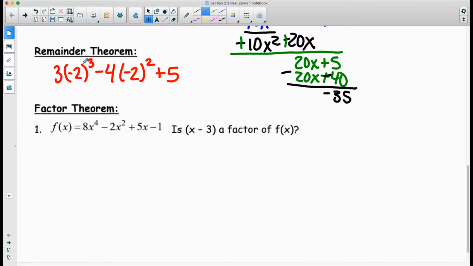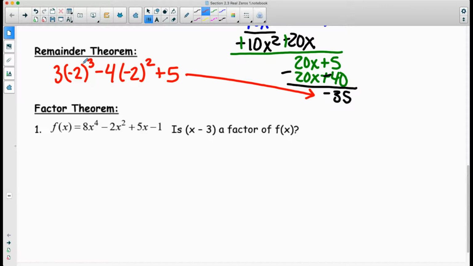What did you get? If you notice, that is the same exact remainder that we had for that problem.